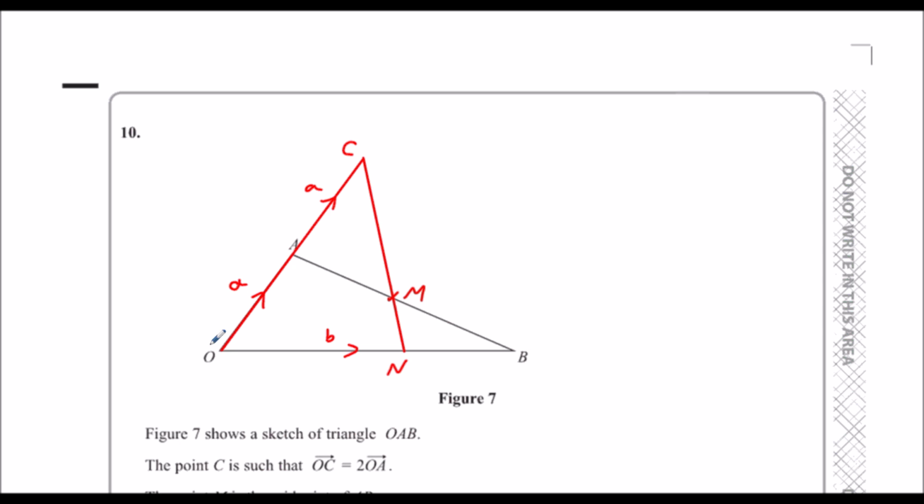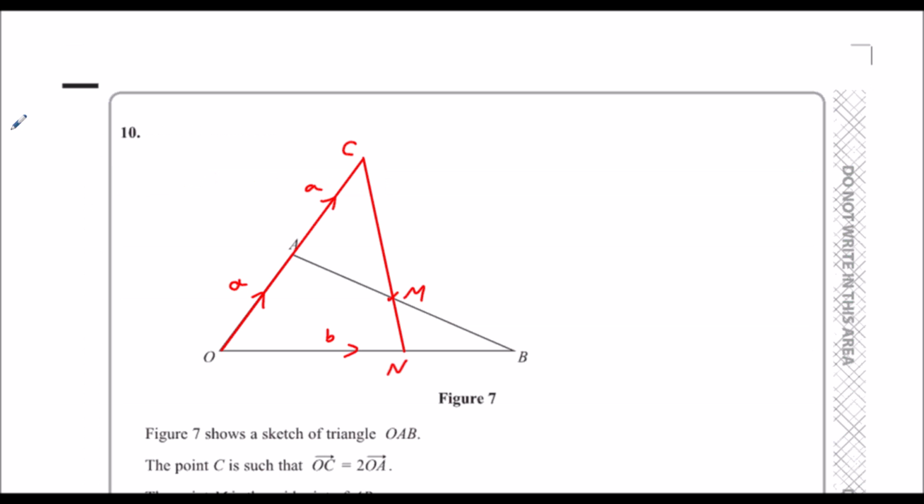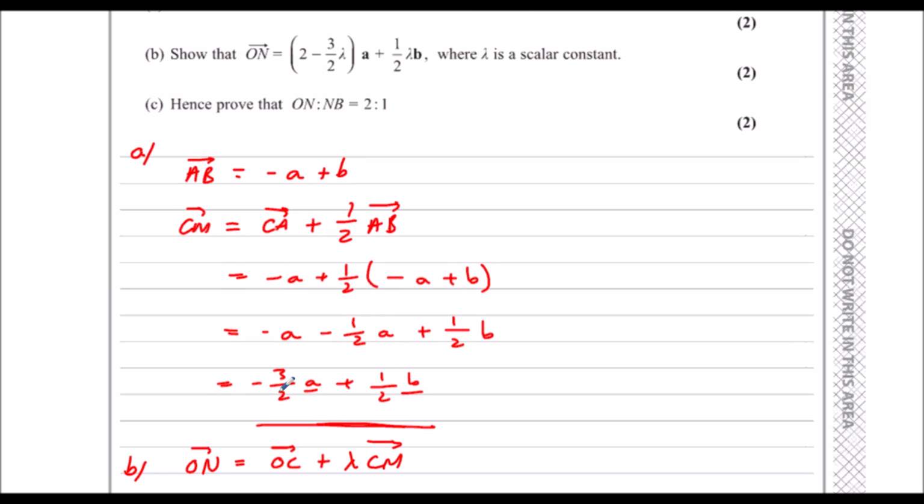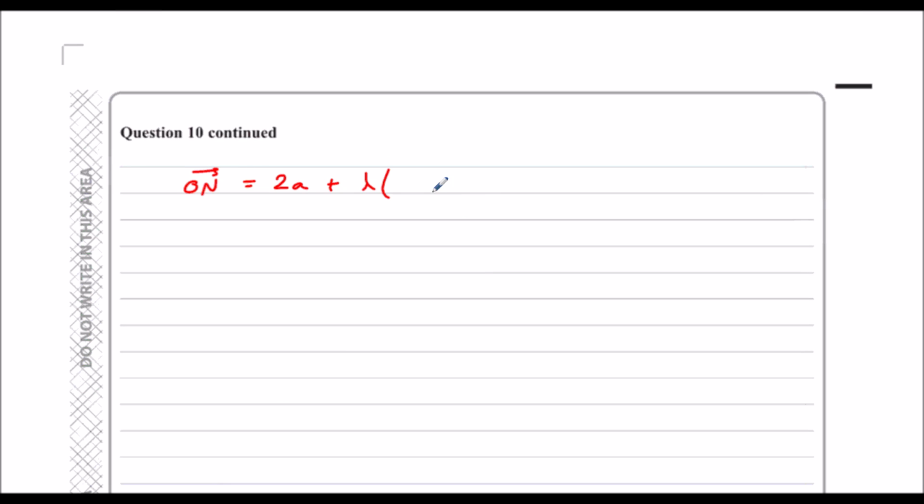So O to N is O to C, which is 2a's, plus a fraction of our previous answer, which was negative 3 over 2 a plus half a b. So we have 2a, expanding this bracket, so minus 3 over 2 lambda a plus half a lambda b.